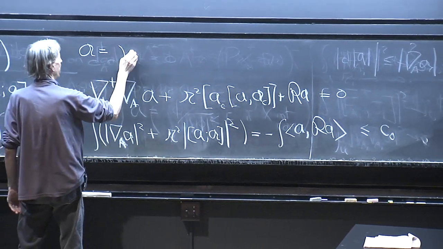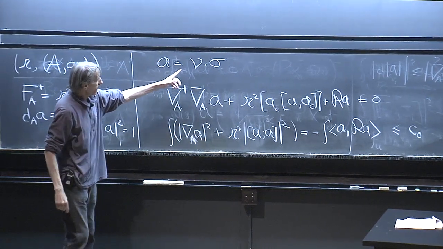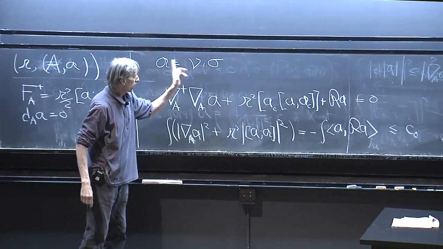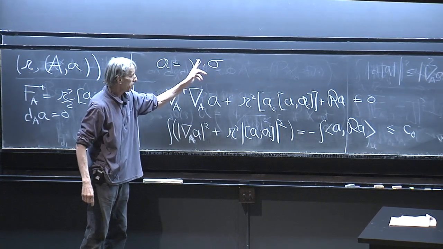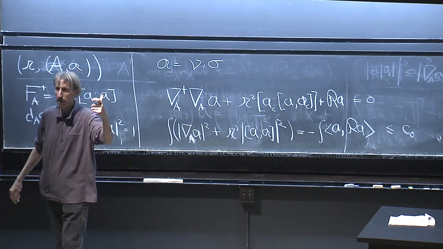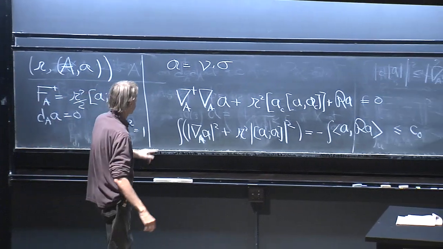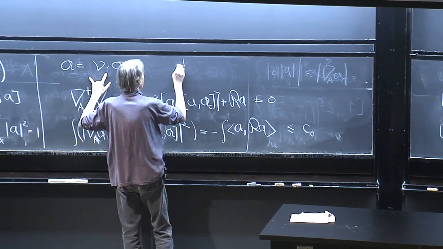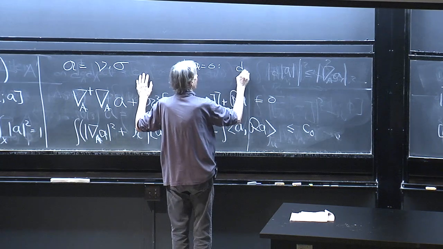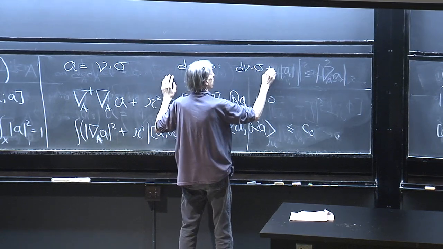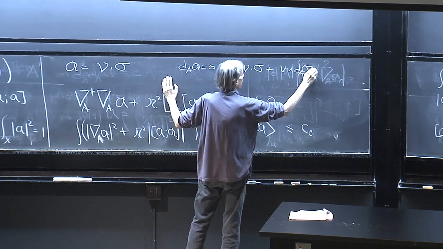if you assume that they did commute, that would be saying that the one form A is a Lie algebra element times, at least locally, a real valued 2 form. And then if you impose the condition that its exterior derivative is 0, that's saying that d nu times sigma plus nu wedge d_A sigma equals 0.